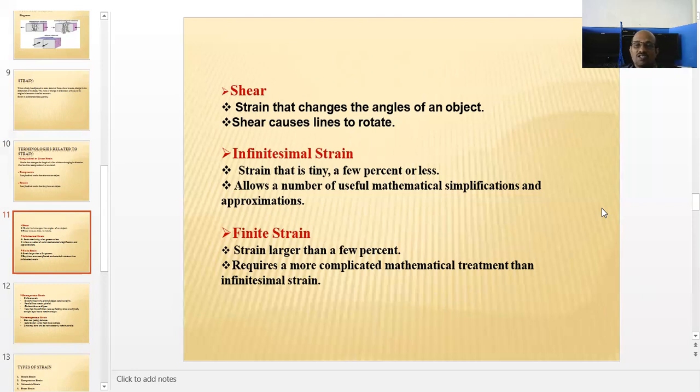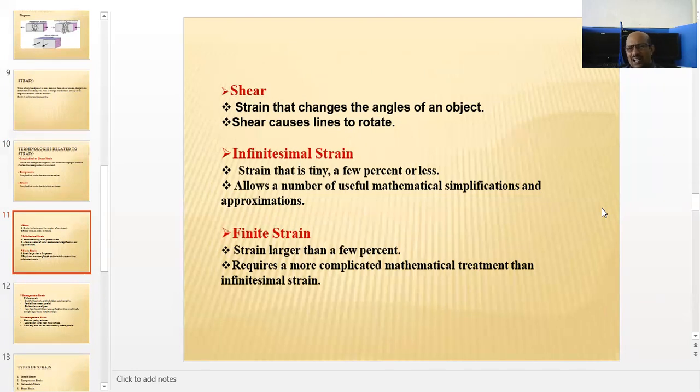Finite strain requires more complicated mathematical treatment. From this only we get finite element analysis, which requires more complicated mathematical analysis.